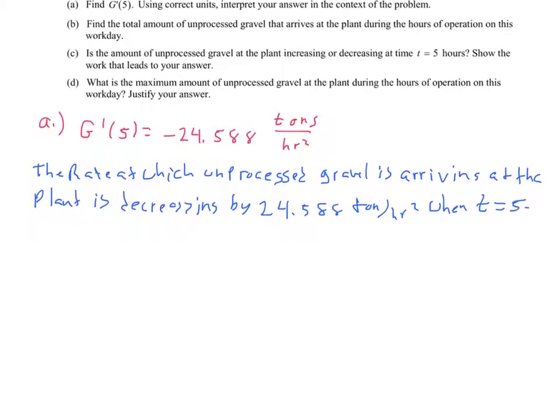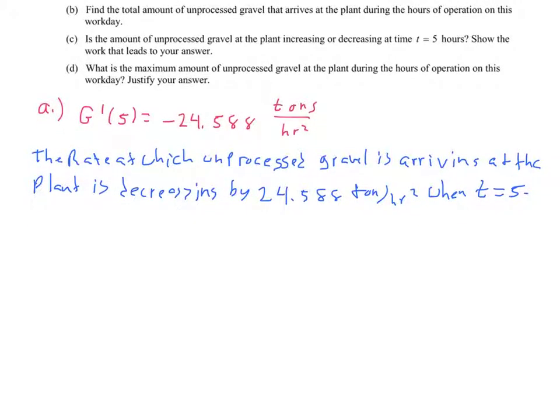So since g is the rate at which that gravel is arriving, if we want to find out the total amount that has arrived at the plant, the total amount will be the accumulation of that rate, which we can find by using the definite integral. So the hours of operation of this plant, our lower limit is 0, our upper limit is 8.